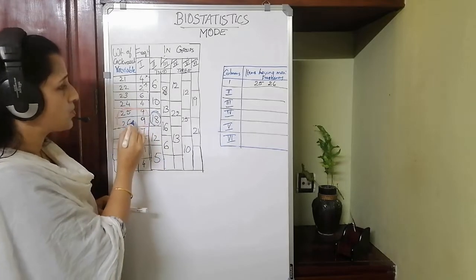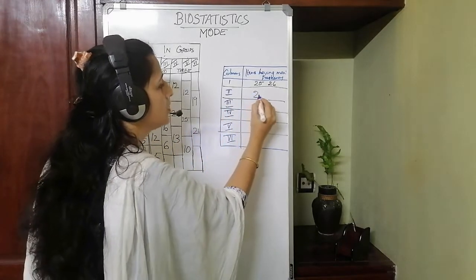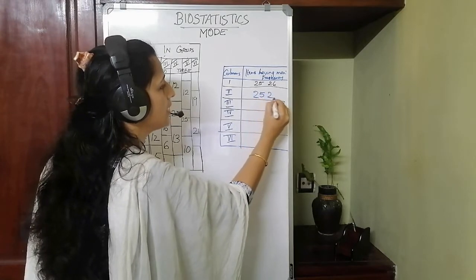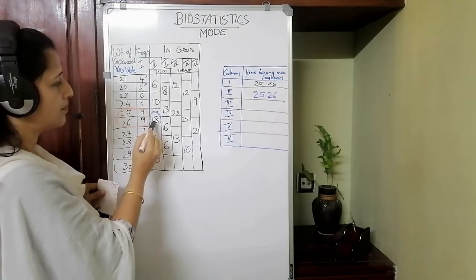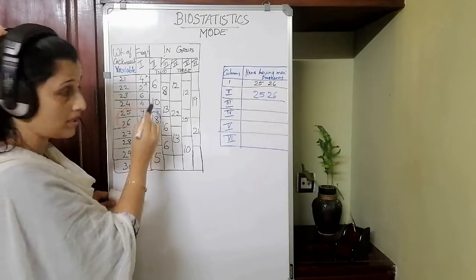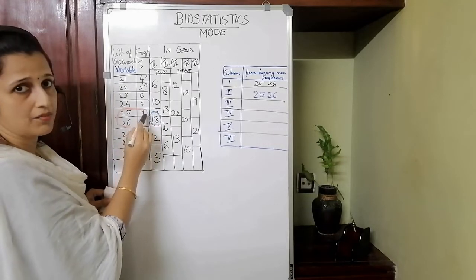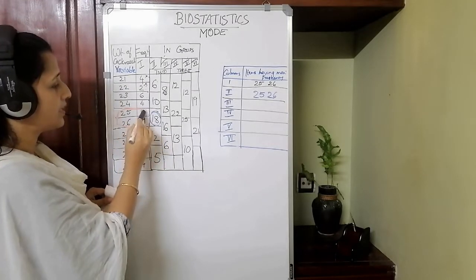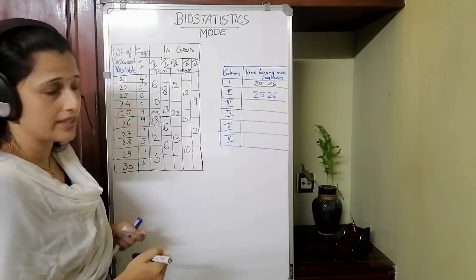So 9 corresponds to 25 and 26. So again you write here 25 and 26. We got 18 by adding 9 and 9, and this is corresponding to 25 and 26.